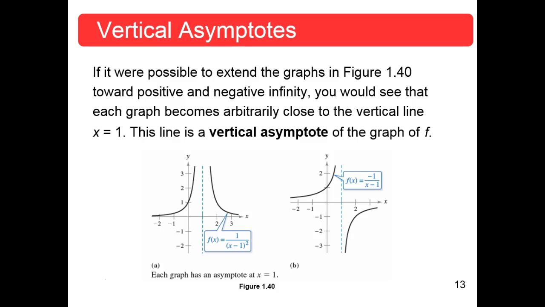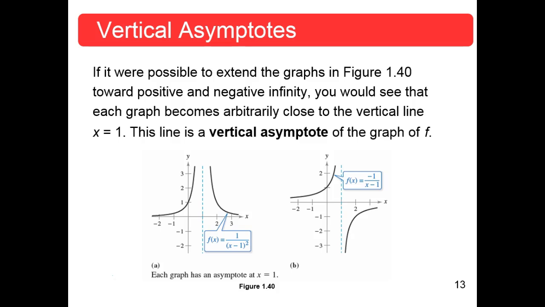You would see each graph becomes arbitrarily close to the vertical line x equals 1. These get closer and closer and closer, but they never reach x equals 1. That line is called the vertical asymptote. x equals 1 is your vertical asymptote.